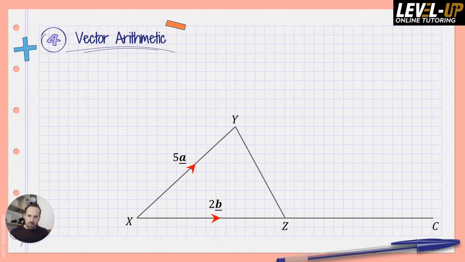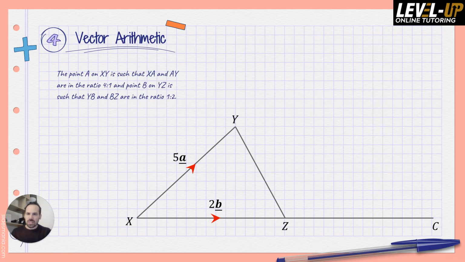So let's take a similar problem like this, where, yeah, this one can be a little bit tricky. It really requires us to understand the vectors well. So say we've got a point A on XY such that XA and AY are in the ratio 4 to 1. So straight away, that tells us that X to A is 4/5 of the way to Y, because it's 4 out of a total of 5 paths.